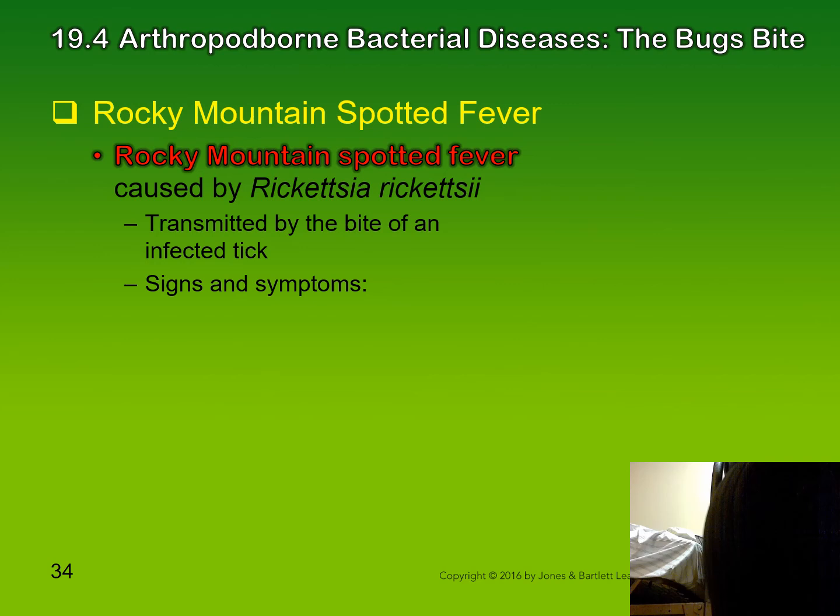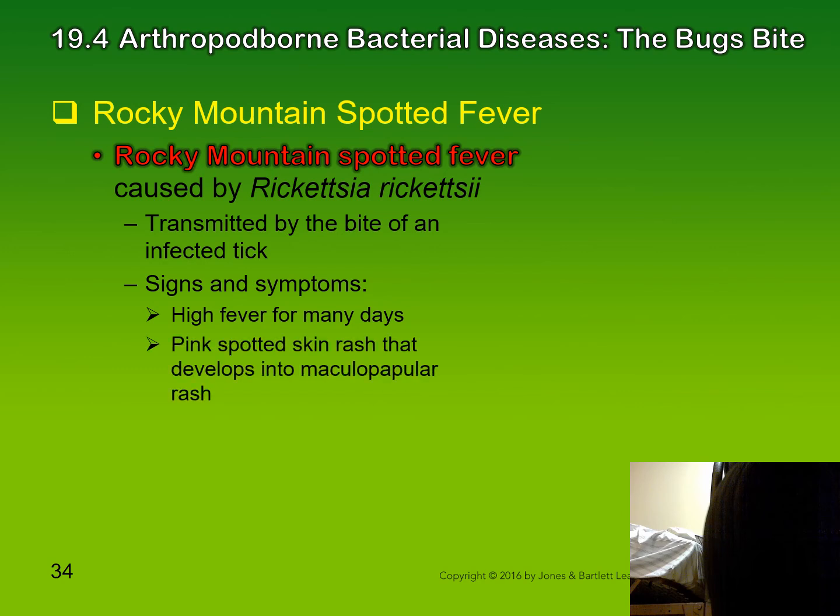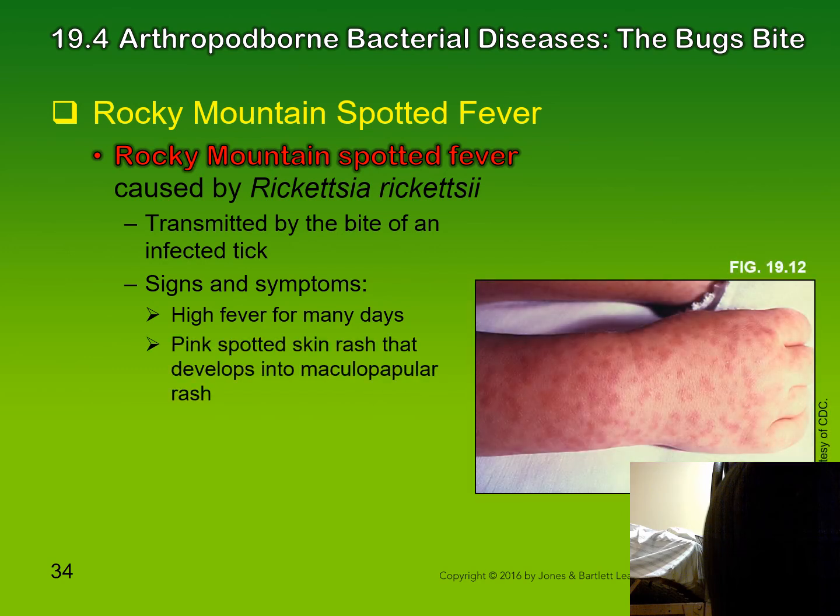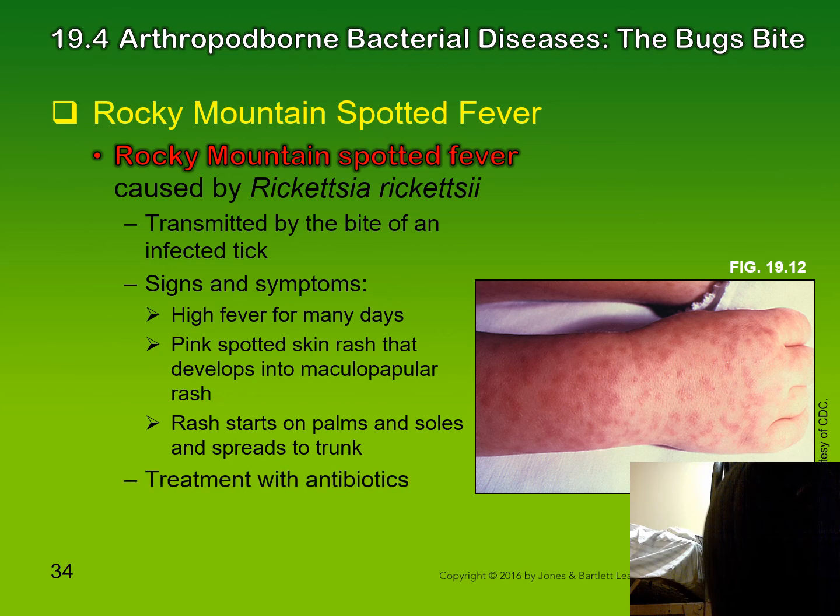Signs and symptoms of Rocky Mountain spotted fever are high fever for many days, pink spots and rash that develop on the extremities, and your rash is going to start on your palms and the soles of the feet, and then spread to your trunk. Okay, this again can be treated with antibiotics.